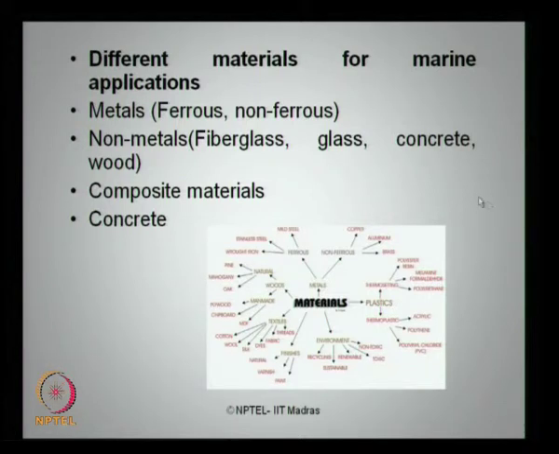If you look at the flow diagram which is given here, if you look at material as a core area of my interest, I have metals. Metals can be ferrous and non-ferrous, for example mild steel, copper, aluminum and brass. I can also have plastics, which can be thermosetting and thermoplastic resins, such as acrylic, polythene and polyvinyl chloride, which we call PVC, which also has application in marine environment.